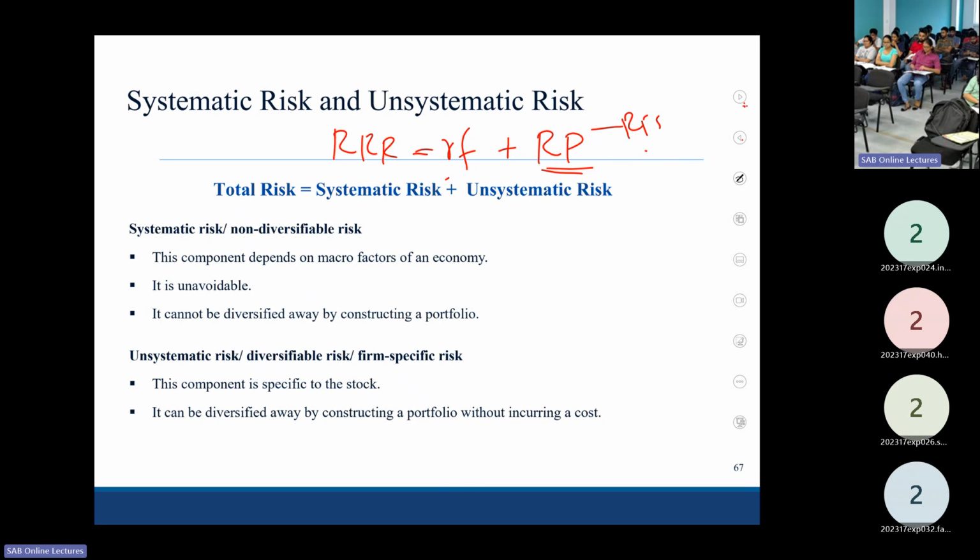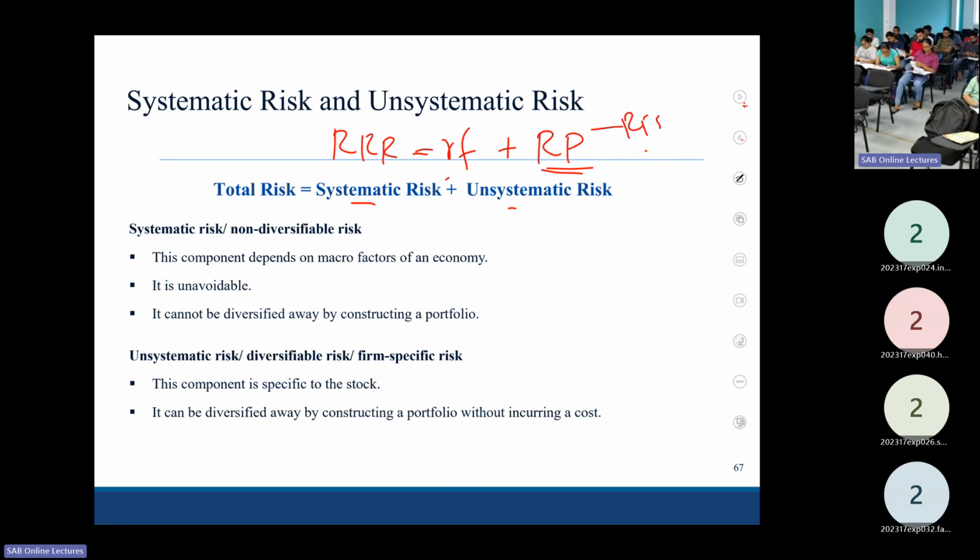That is actually the story of the portfolio. But this point is important: risk can be divided into systematic risk and unsystematic risk. Systematic means what we call market risk, undiversifiable risk.